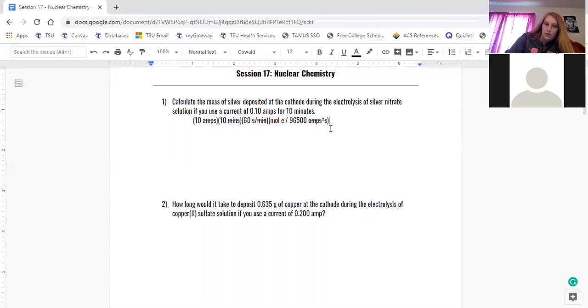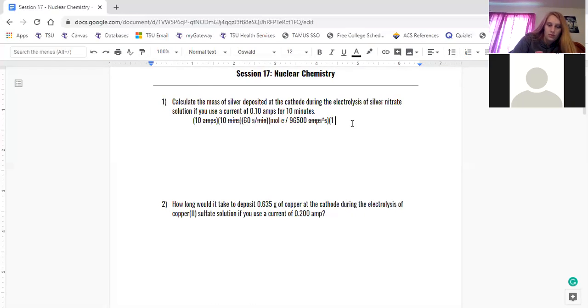All right. So once you've done that, you can switch it over to what it needs to be, because we have it in moles of electrons. We're going to have 1 mole, because this is the equation for this problem: the mass of silver deposited at the cathode during the electrolysis of silver nitrate. When we write out the equation, we can see that there's 1 mole of silver for every mole of electrons being transferred.